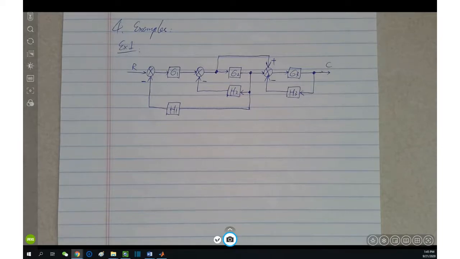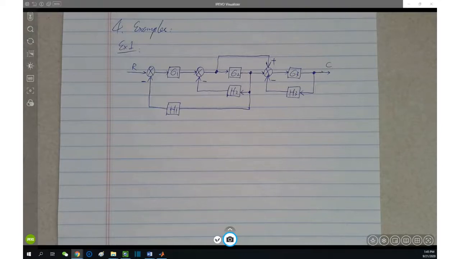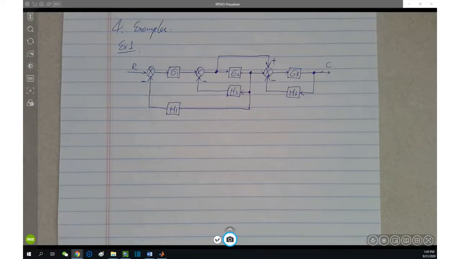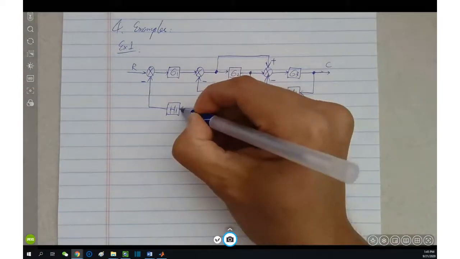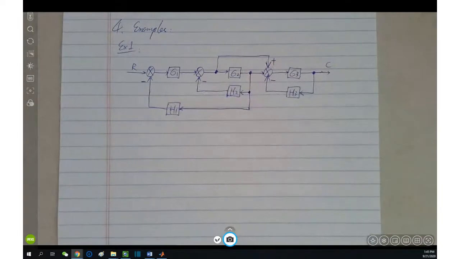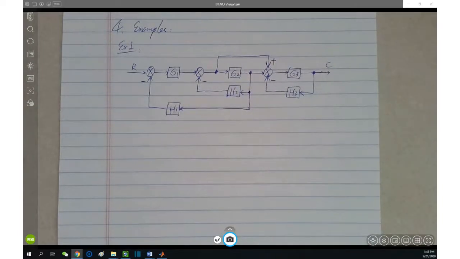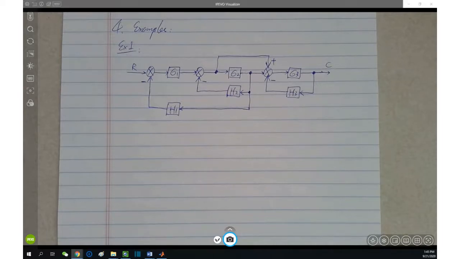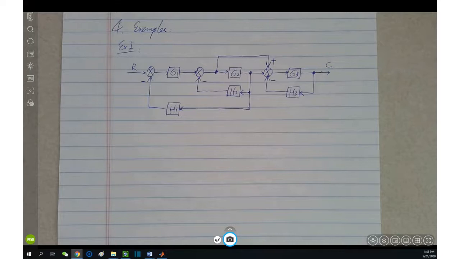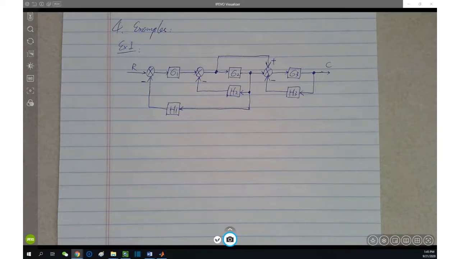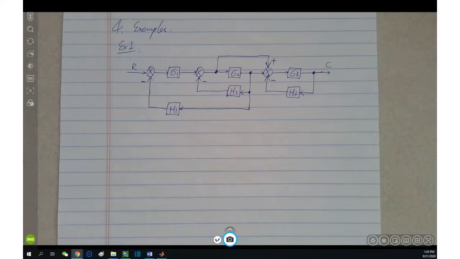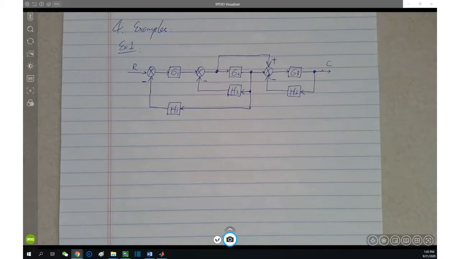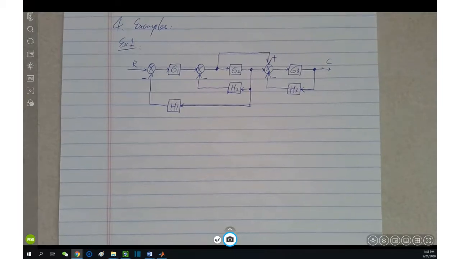We need to move something to have a better look at the overall system. So this first example, let's do it together.